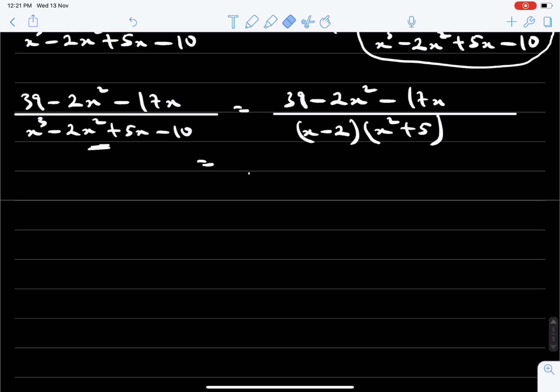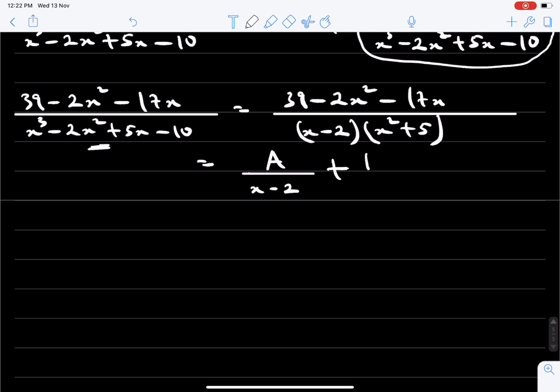and that's going to be equal to a over x minus 2, since x minus 2 is a linear factor, so its numerator will just be a, plus x squared plus 5 is a non-repeated, non-linear, non-factorizable quadratic factor.